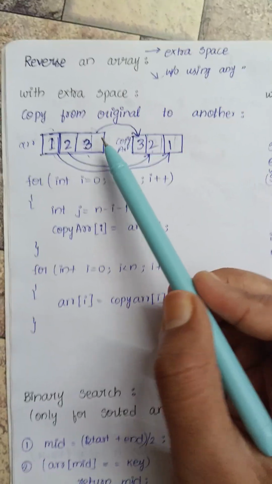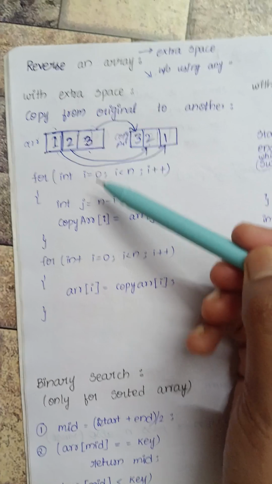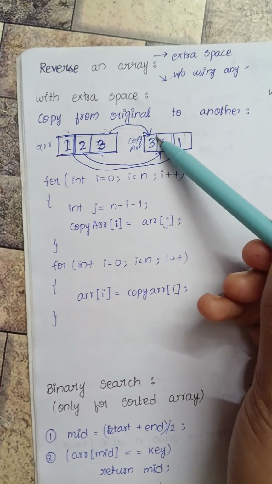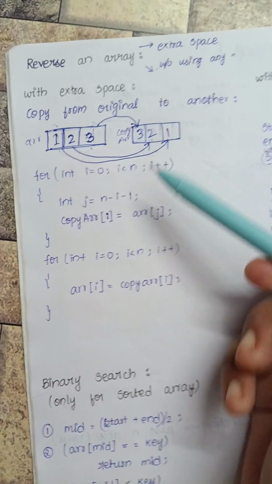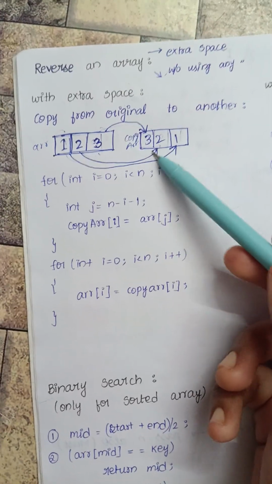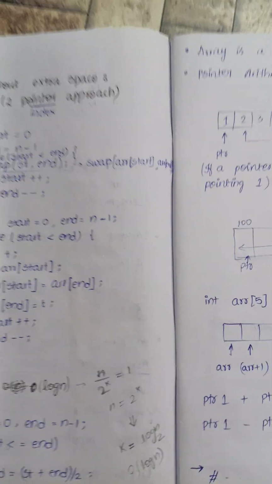We are just copying these ending values here. Array of j means this one, array of I means this one. So we are copying this value to the copy array. And again we are printing the copy array here. This is with extra space.